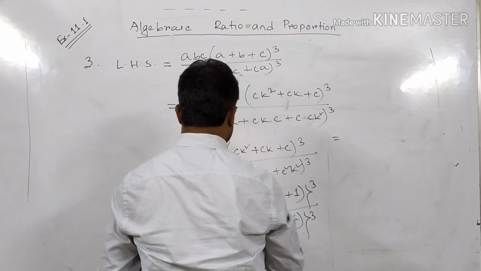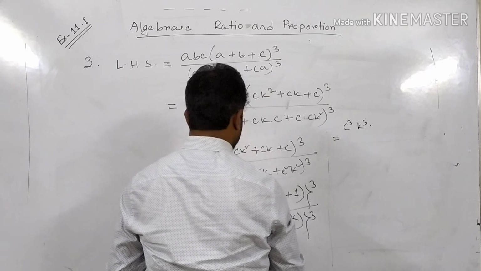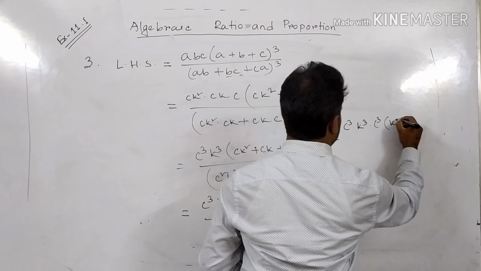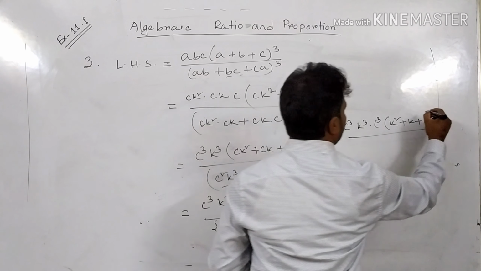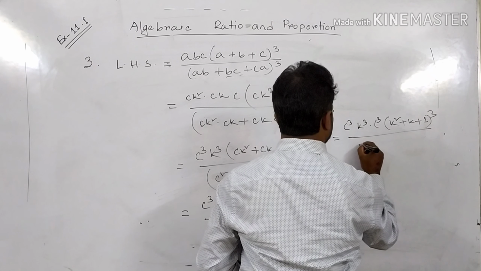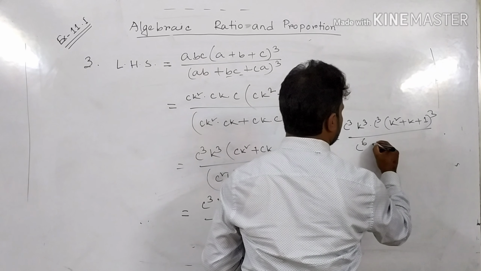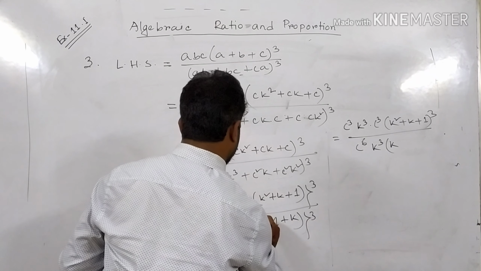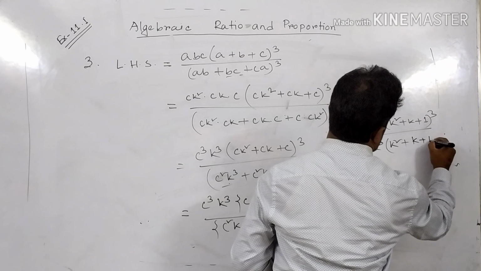Now you write here c cube k cube, eliminate second bracket c cube, into k square k plus 1 whole cube divided by c to the power 6, k cube into k square k plus 1.